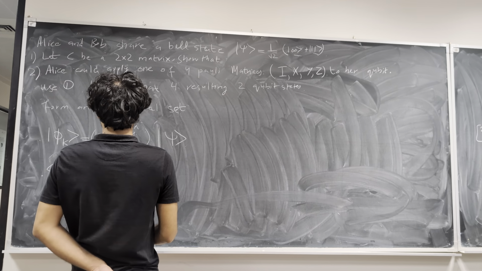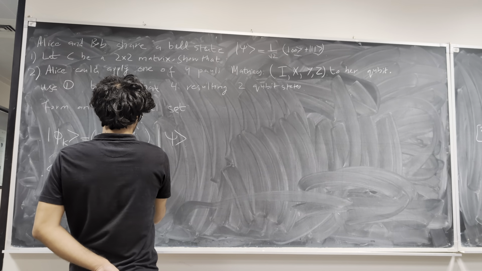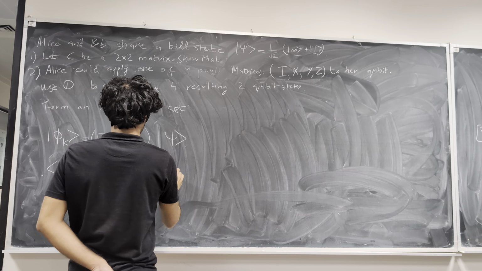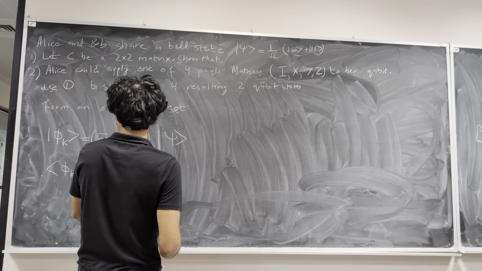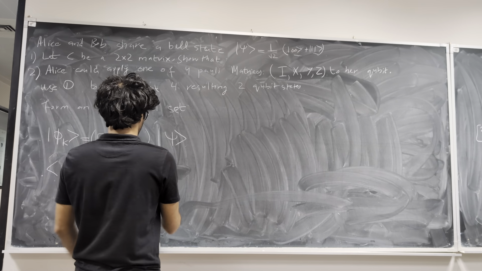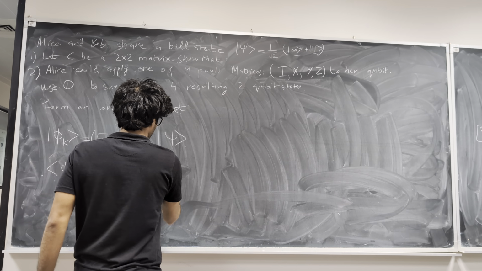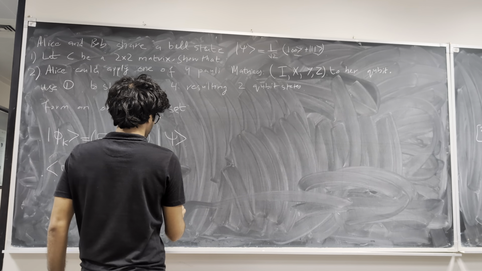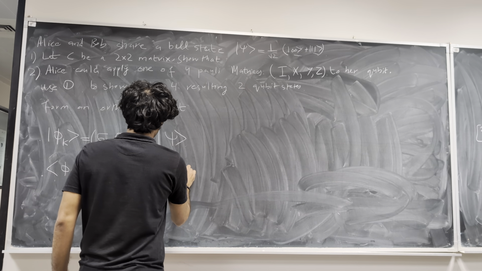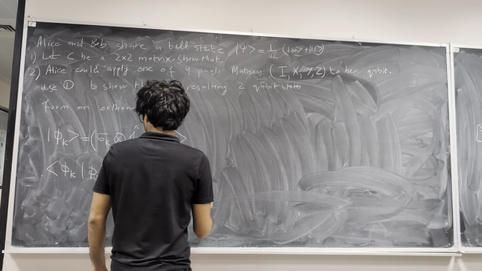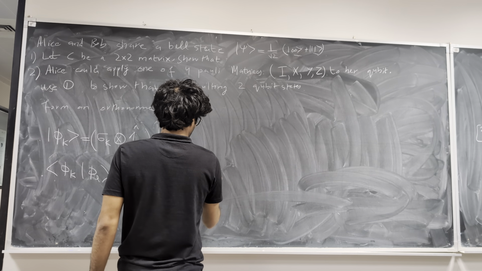So this would then be equal to phi k, phi k dagger psi times identity times phi l.